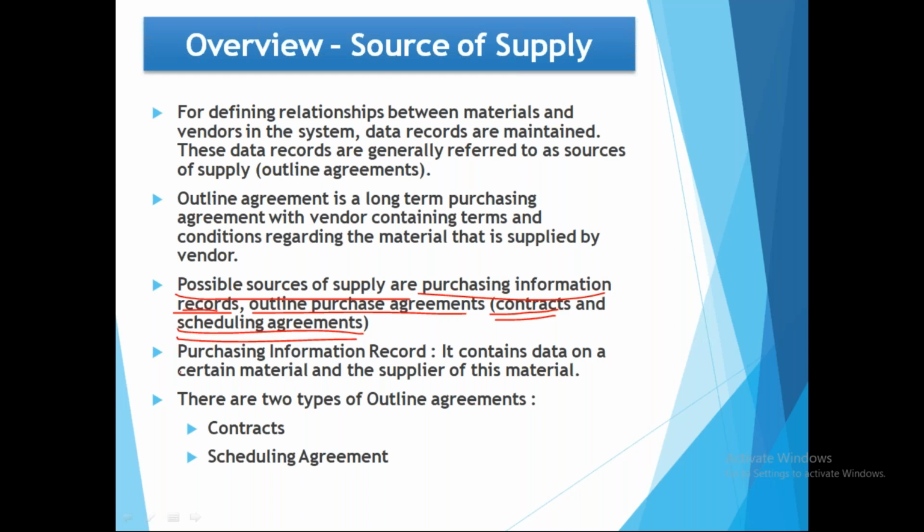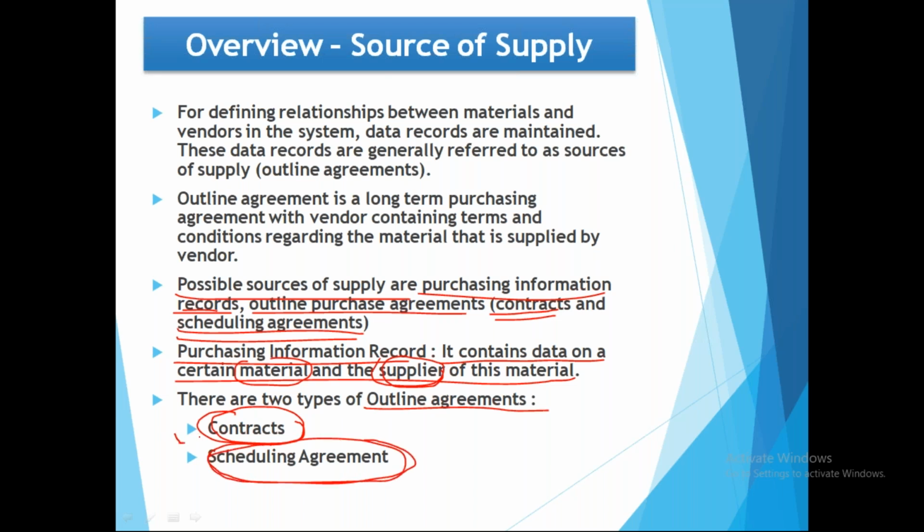Okay, so what is a purchase information record? It contains data on a certain material and the supplier of this material. Other outline agreements are contracts and scheduling agreements. We will discuss all these things in the system.